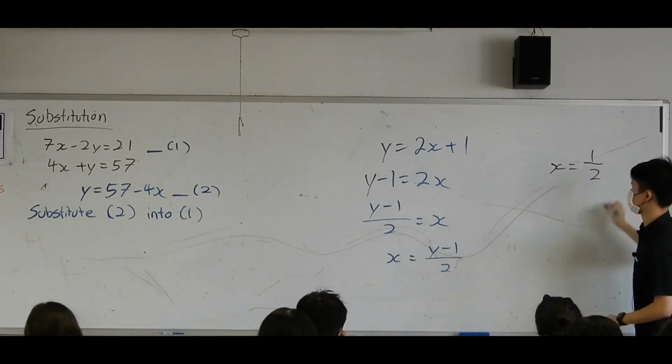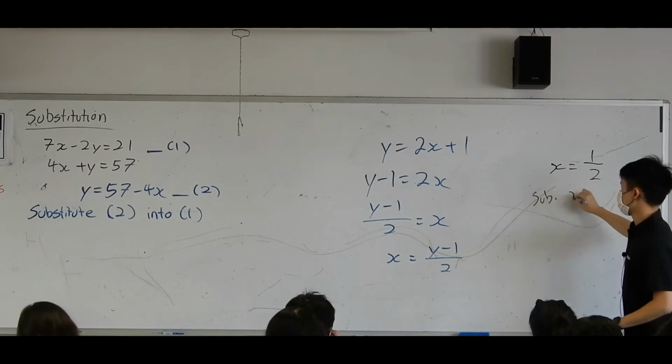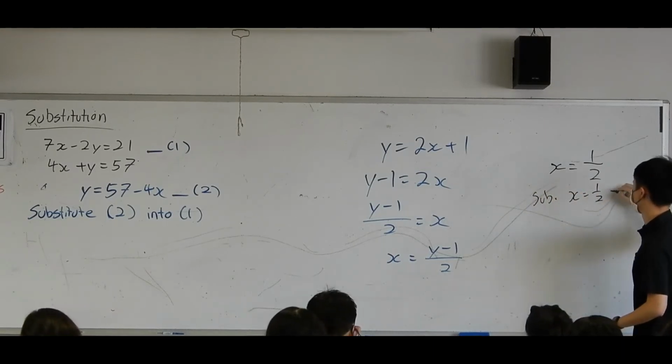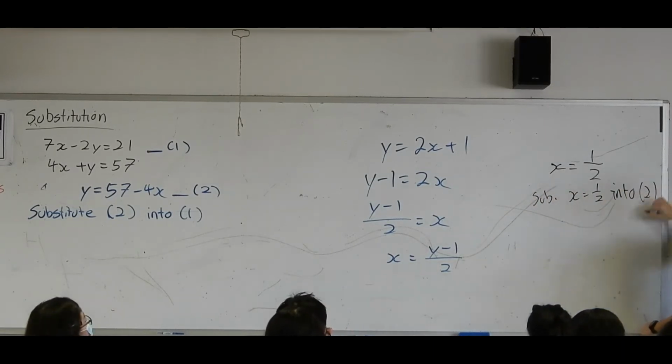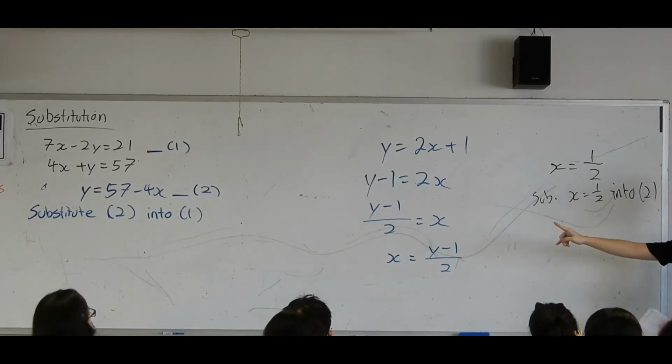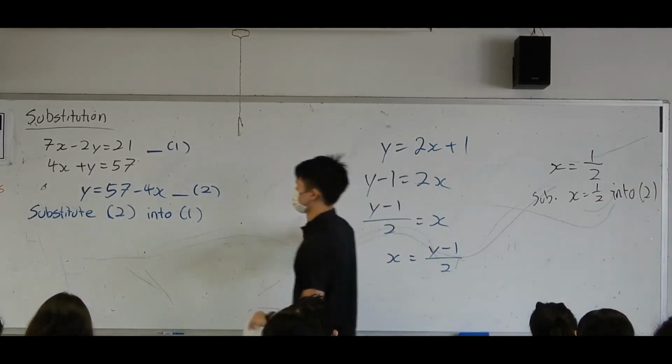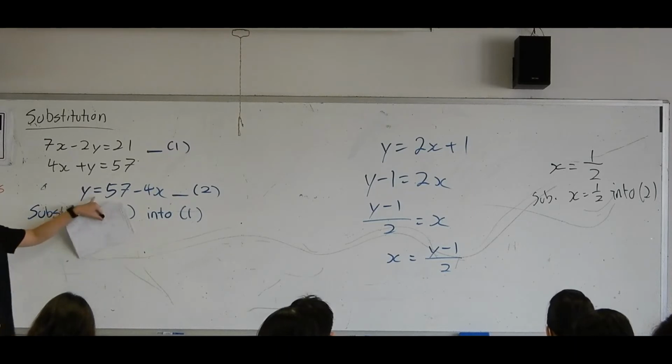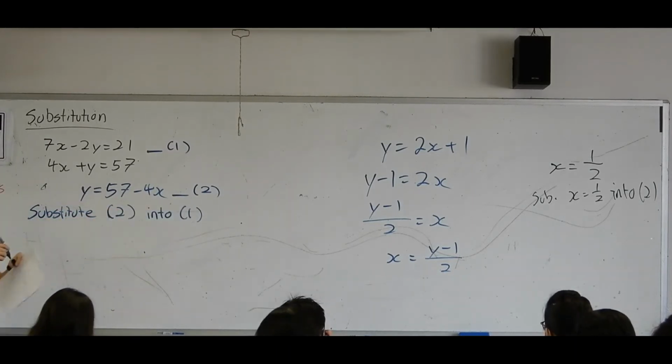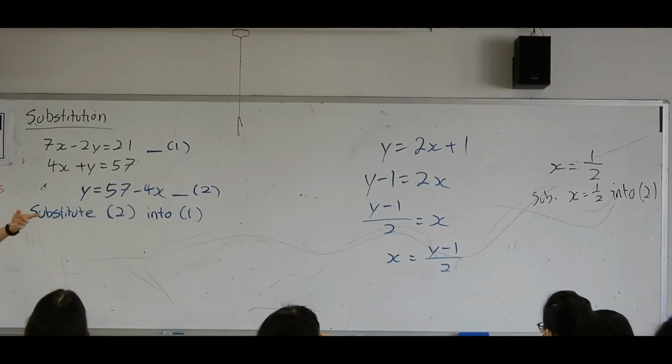For example, you have x equals to half. Then you sub x equals to half into, let's say, the second equation, right? Similar. Just that now your subject has more variables, but in essence the idea is still the same as what we said at the start of the lesson. You want to convert two variables into just one variable.